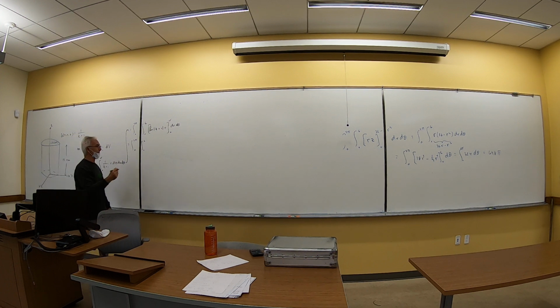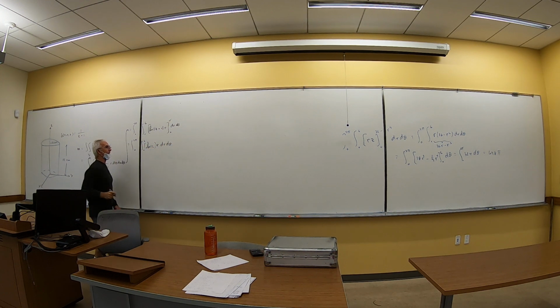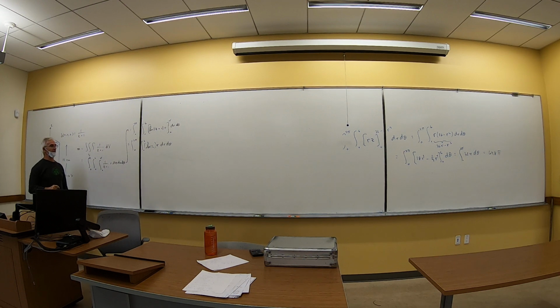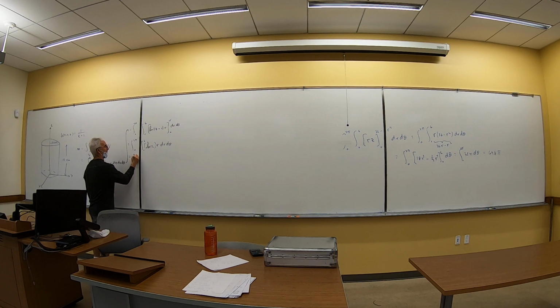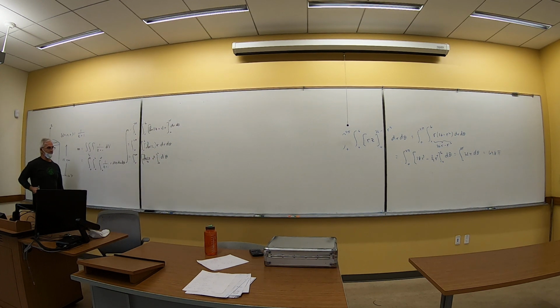Just log 16 times r. Log 16, think of it as a coefficient. All right. You with me so far? Now let's integrate this. That's a constant, so 1/2 r squared. So how about log 16 over 2 times r squared, from 0 to 6. And what does that get me?